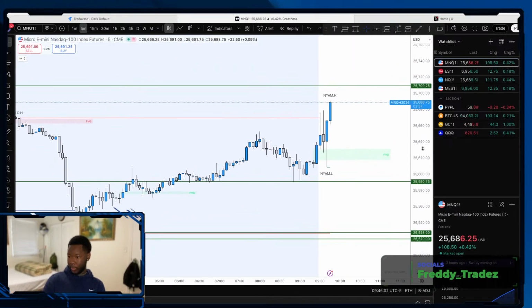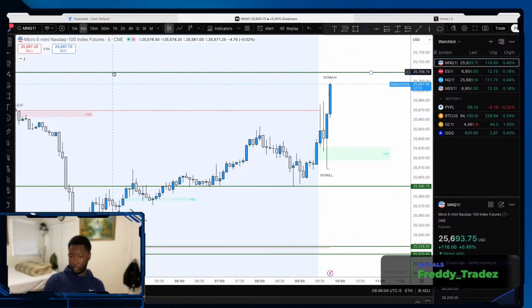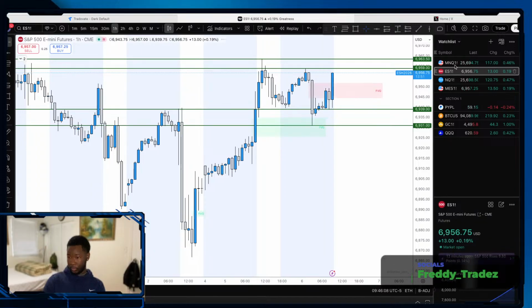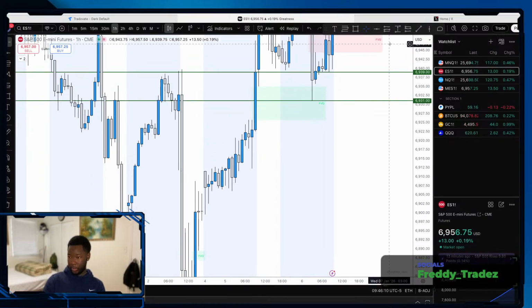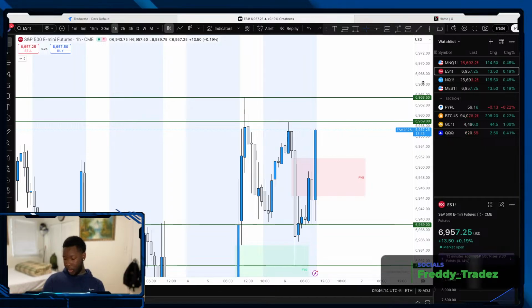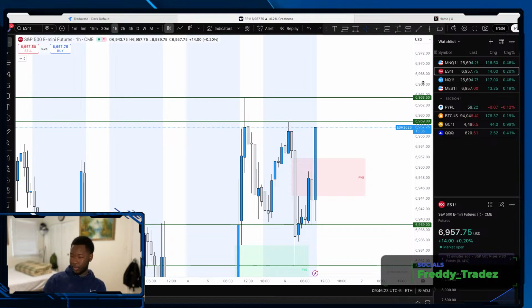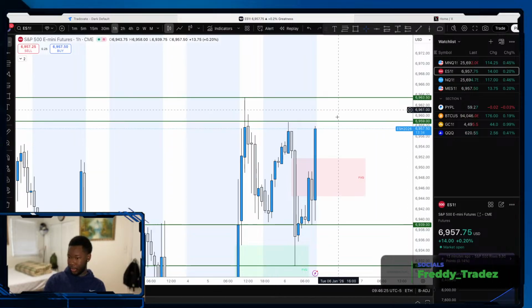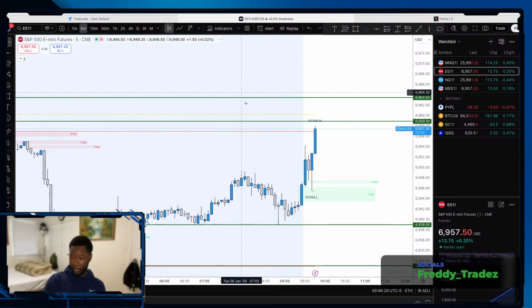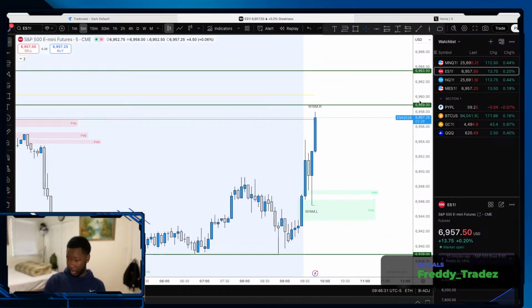Okay, we're gonna move up now. ES is near to London high. I don't want to see us pump too much past these highs. Then it's gonna be hard for entry because we've already made a big move to the upside.